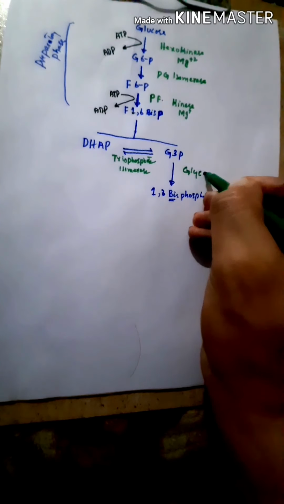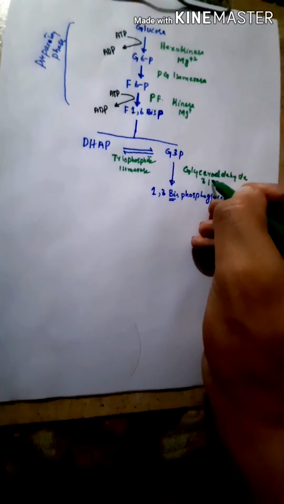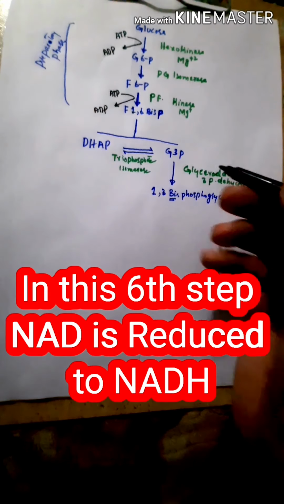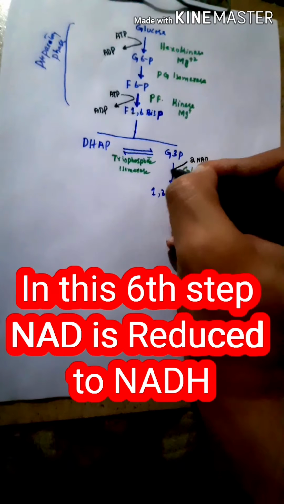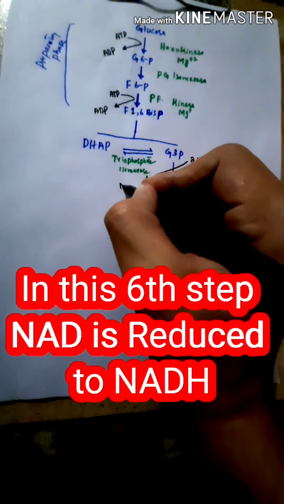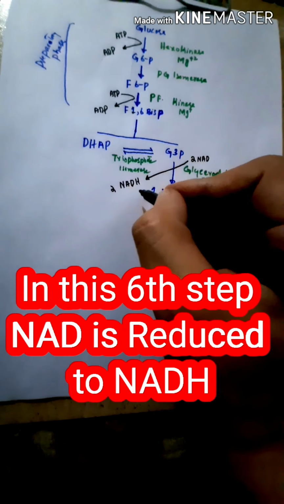This is done by an enzyme known as glyceraldehyde 3-phosphate dehydrogenase. Because hydrogen is removed from the G3P molecule and these hydrogens are attached to NAD, 2 NAD are converted into 2 NADH. This is a very important step.